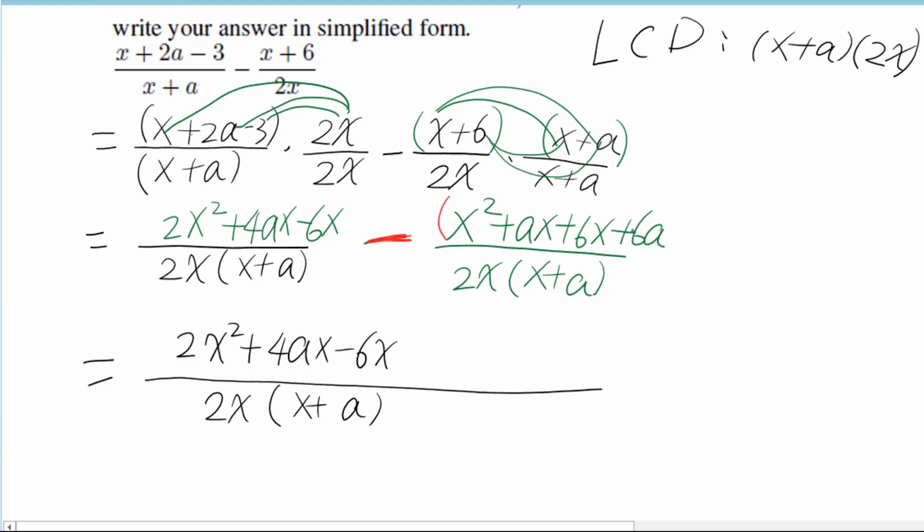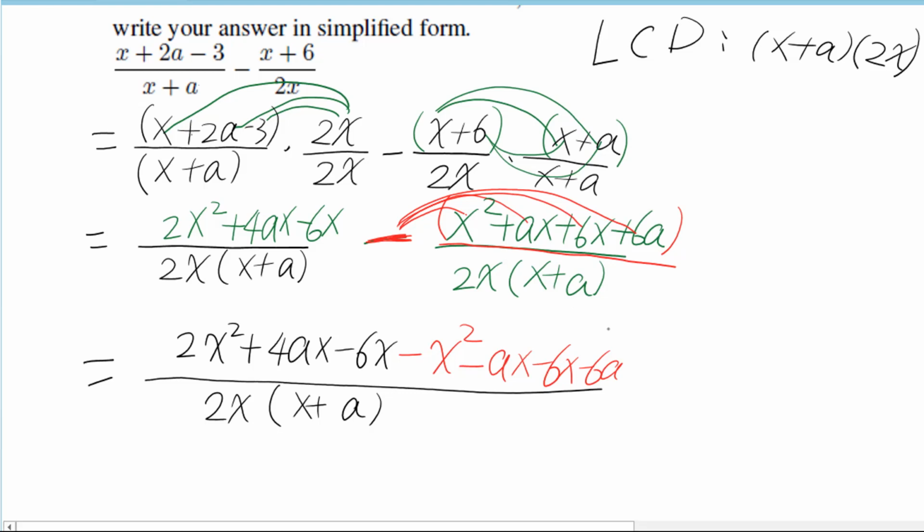You have to do the distributive property by using this negative sign. Remember when you have this division line, this division line not only means division, but also means parentheses. So you will get the minus x squared minus ax minus 6x minus 6a.